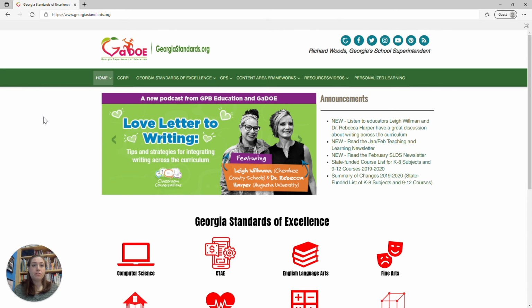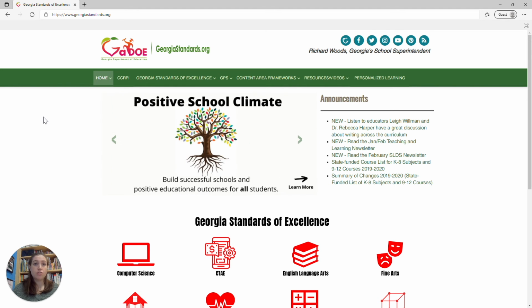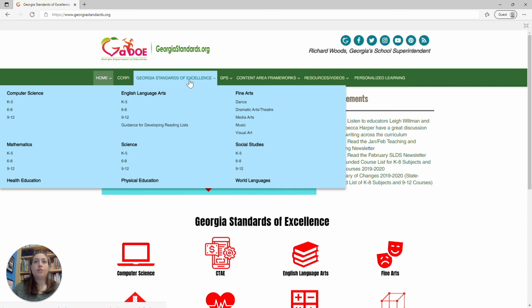And then hopefully you know this, but just in case you don't, to find the General Music Standards of Excellence for the state of Georgia, you're going to go to georgiastandards.org, and then you're going to go to Georgia Standards of Excellence. And as we discussed before, music is under the Fine Arts umbrella.